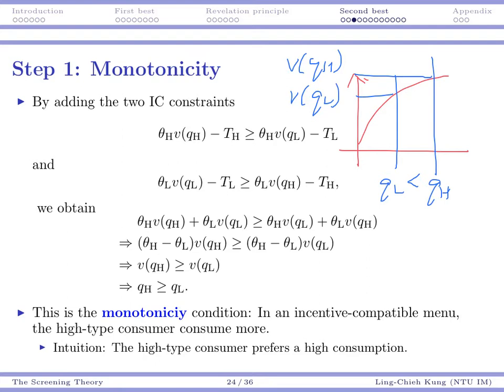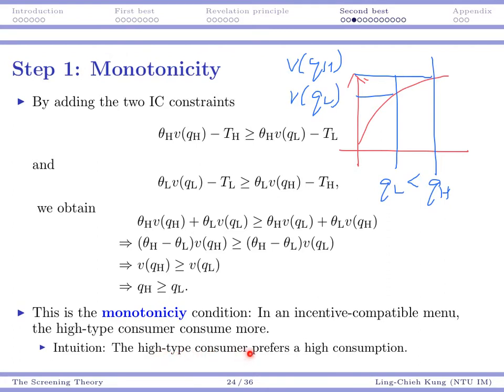So that's something we are talking about. If we want to induce the two types of agents to tell the truth, then QH must be greater than QL. There must be an intuition like this, right? The intuition is simple.